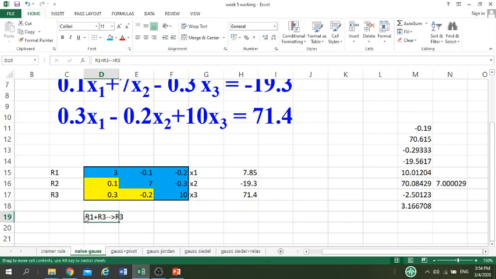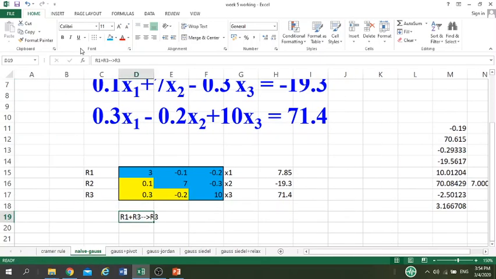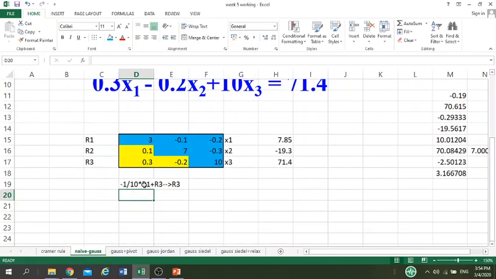So we need to multiply row 1 by minus 1 over 10: minus 1 over 10 times row 1, plus row 3, becomes row 3.